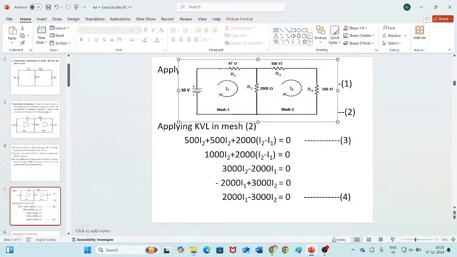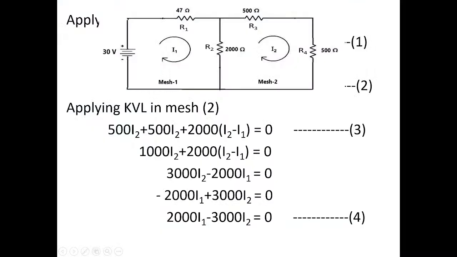So this is it. Here, 3 resistors are there in mesh 2. So voltage drop across R2 plus voltage drop across R3 plus voltage drop across R4. So now I have started with R3 voltage drop to write the equations. What is the voltage drop across R3? I into R. What is I value? I2 into 500. 500 into I2 I have written here. Similarly, what is the voltage drop across R4? I into R. R value is 500.